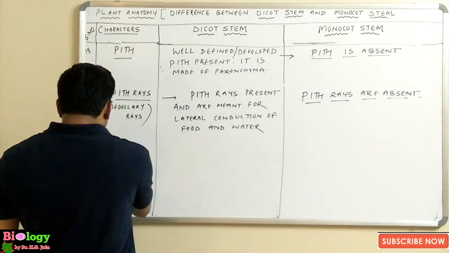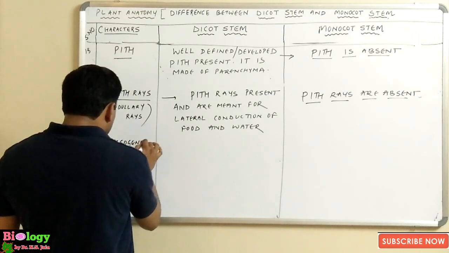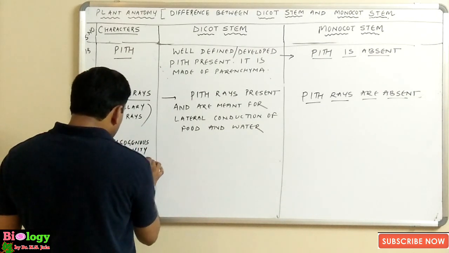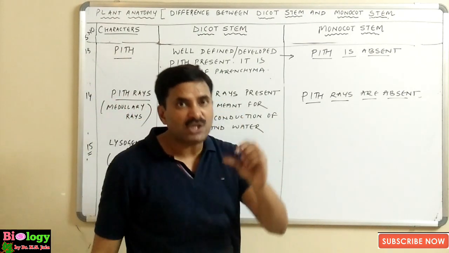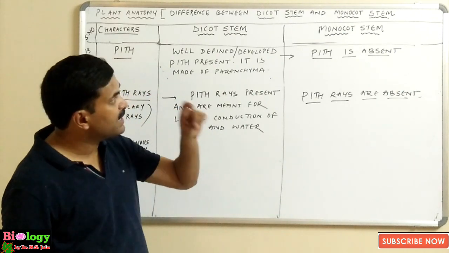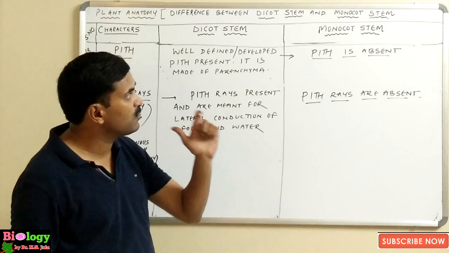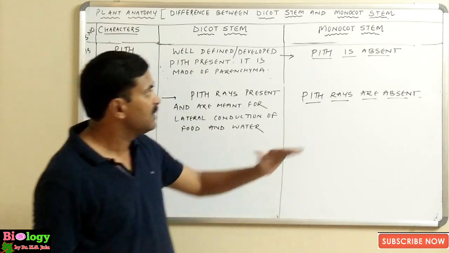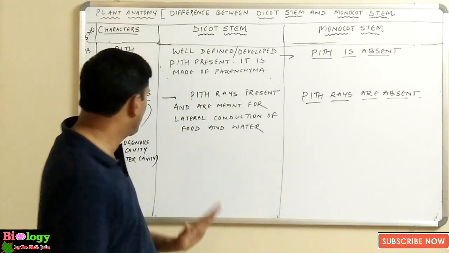Okay, and the next point, lysigenous cavity. Lysigenous cavity is basically a water cavity. If you see the vascular bundles, particularly in the case of the monocot stem, you will be able to see a water cavity just below the vascular bundle, but in the case of the dicot stem, you will not be able to see the water cavity.